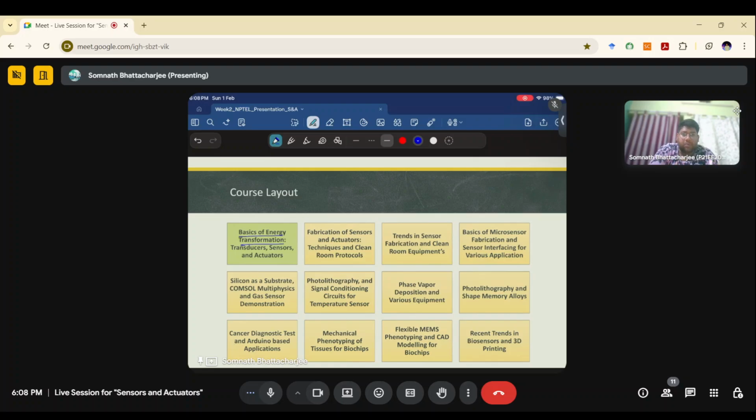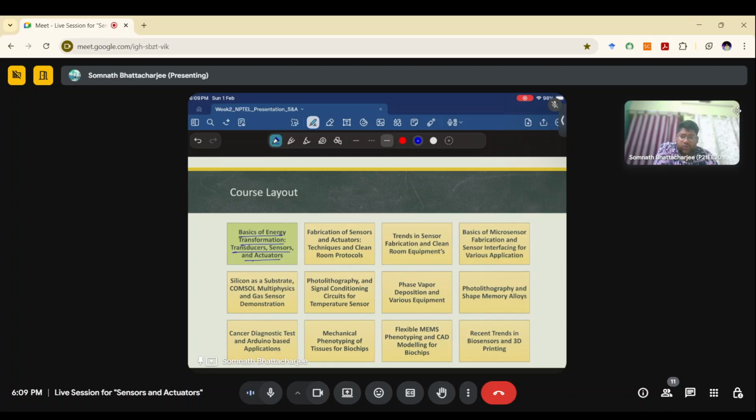Everything needs to be optimized for your use case only. What is best for my use case may not be useful for yours, so we need to find an optimum device that works specifically for our need. Previously we learned about transducers, sensors, and actuators.